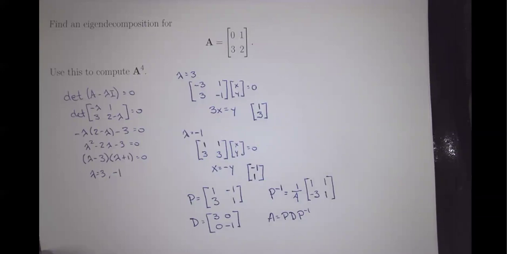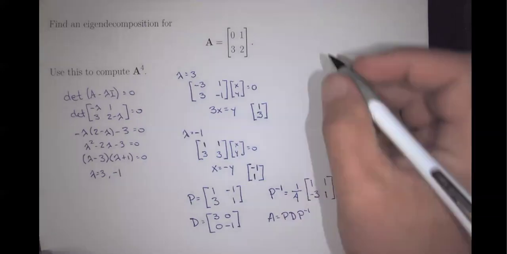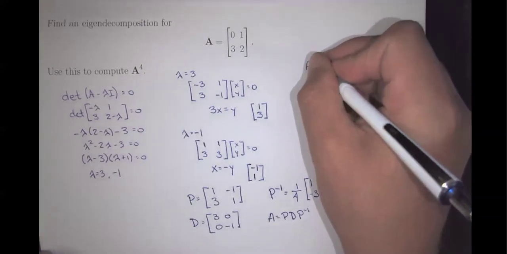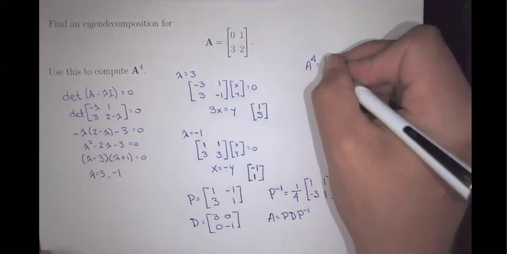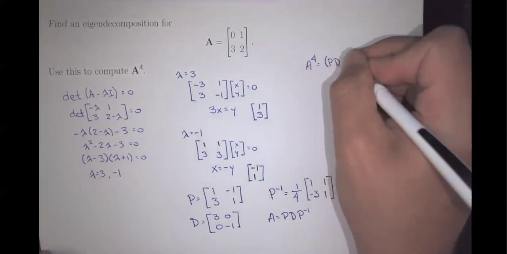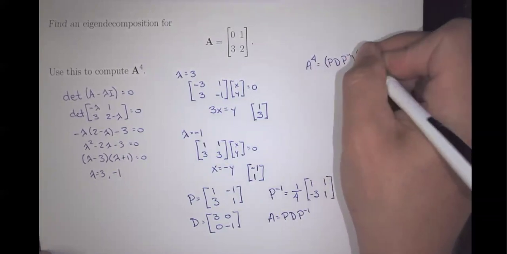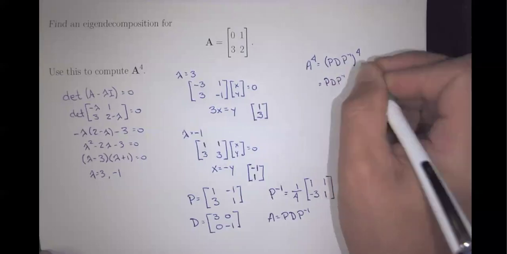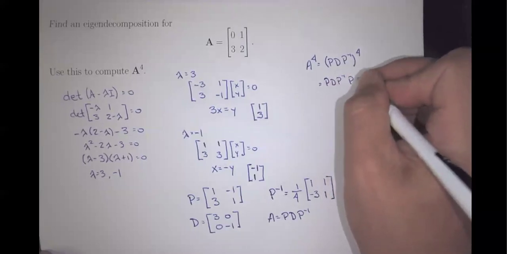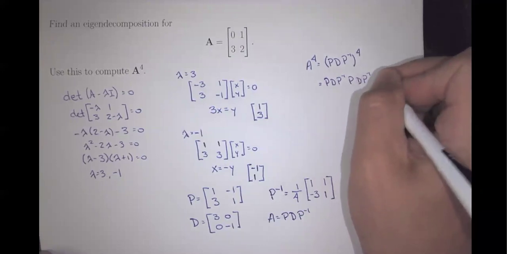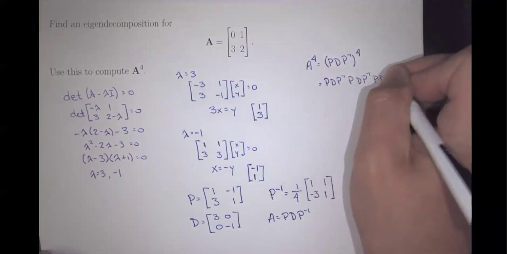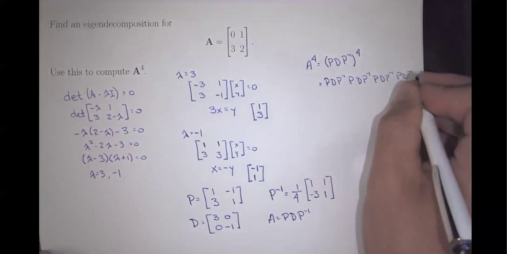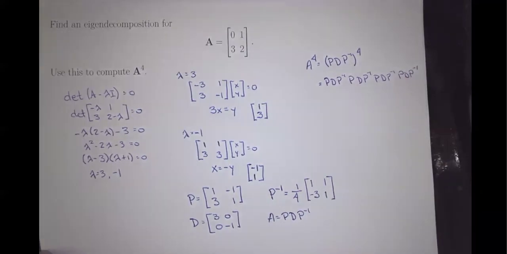Now, if we want to use this eigendecomposition to find A to the 4, so this is P D P inverse to the 4, which is P D P inverse times P D P inverse times P D P inverse times P D P inverse.